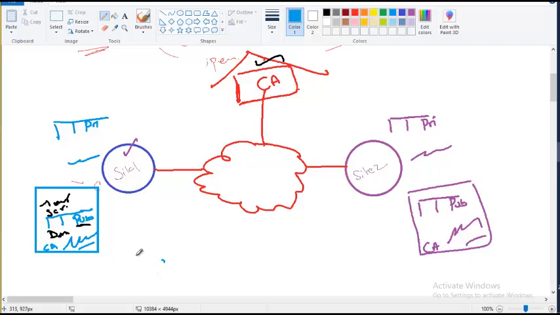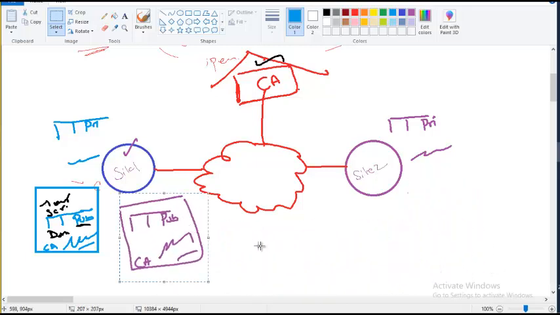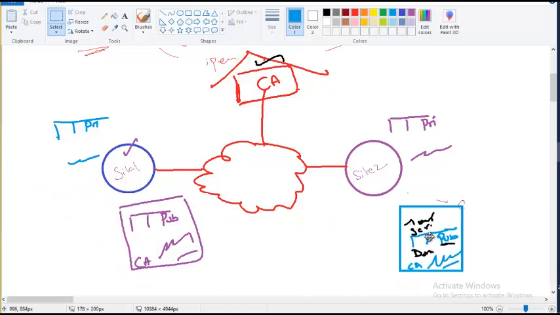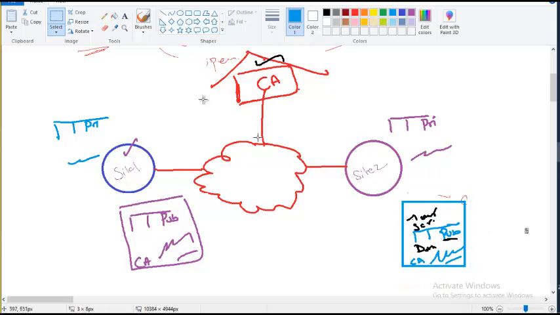Now, site 1 requests a public key and site 2 sends the public key. Likewise, site 2 wants to send some data, so site 2 requests a public key. Site 1 sends the public key. Using this public key, it checks whether this public key is genuine by comparing the signature.